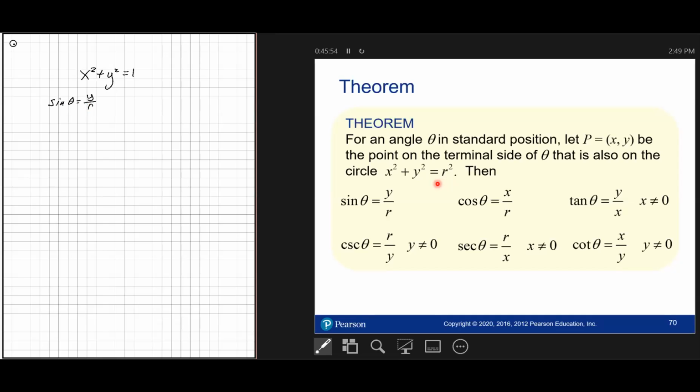The unit circle is a special case of the circle where the radius is 1, because it simplifies all these formulas. Now, another way I like to think of these is that this is r sine theta equals y.